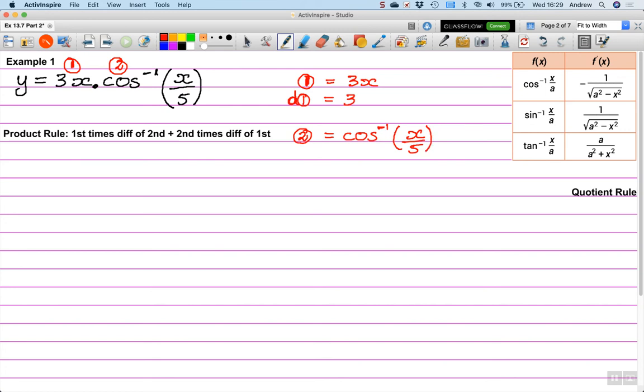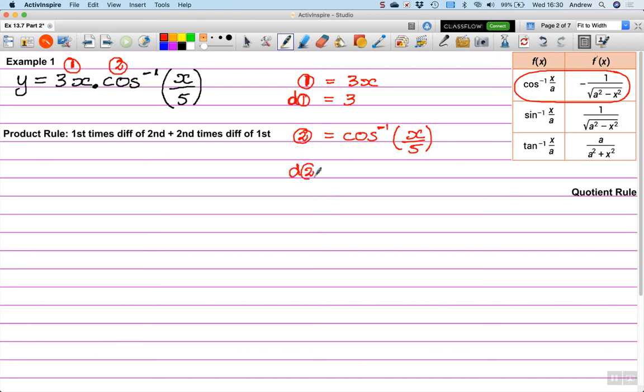So we're going to be using the formula up here. And we can already see that the question matches the formula. The x is equal to x and the a is equal to 5. And because of this, we can actually go straight to the differential.